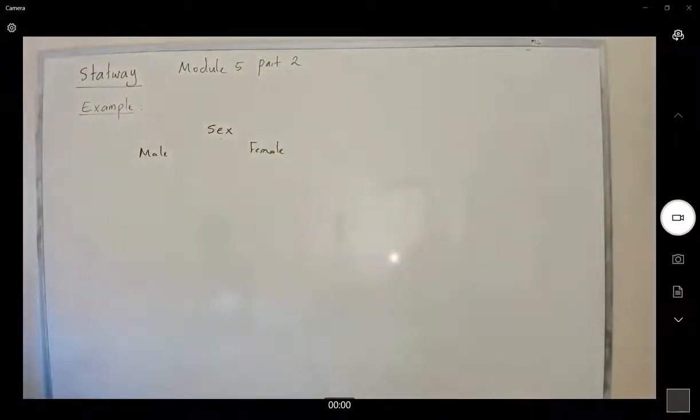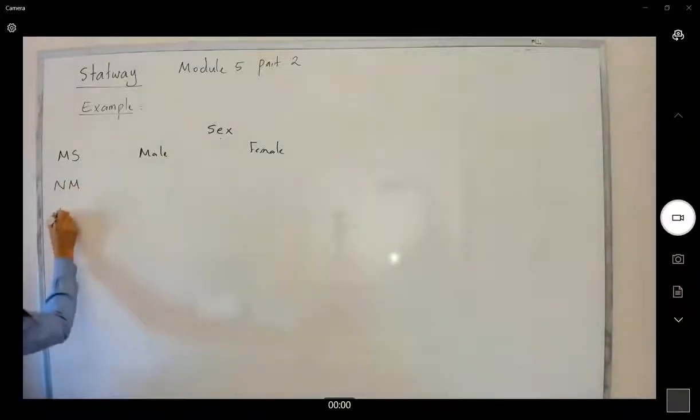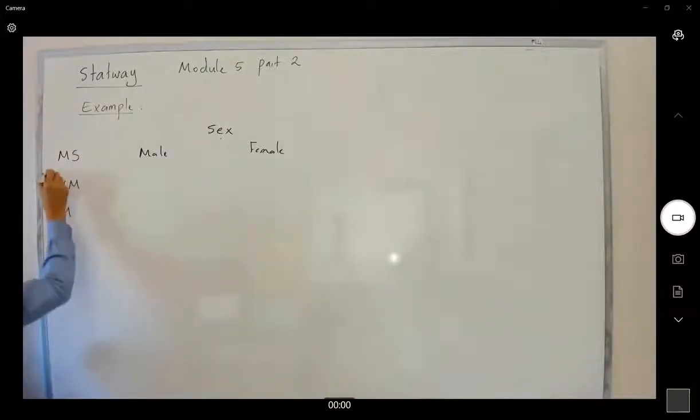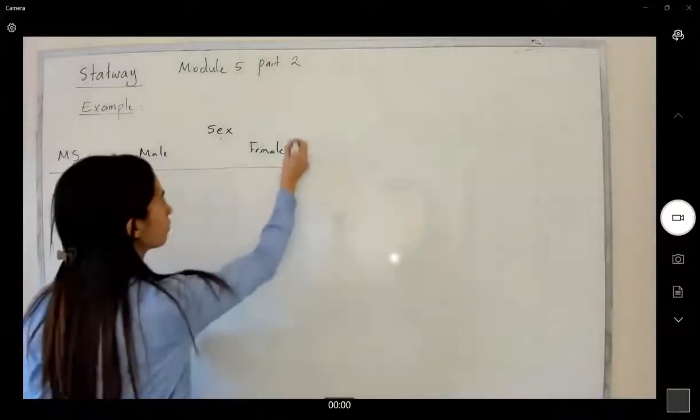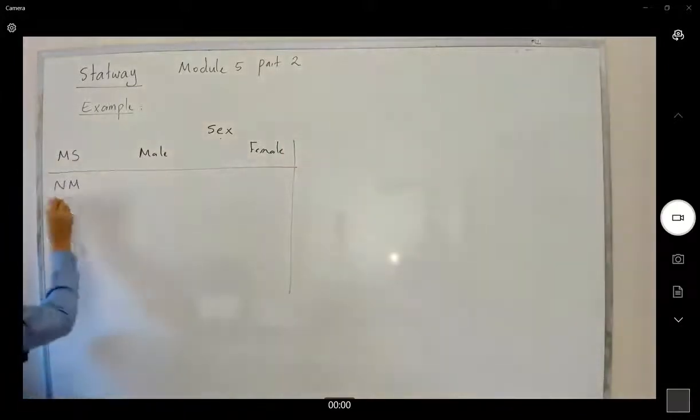Then we have marital status, which is divided into never married, married, divorced, and widowed. And eventually we have the total for each of these categories.